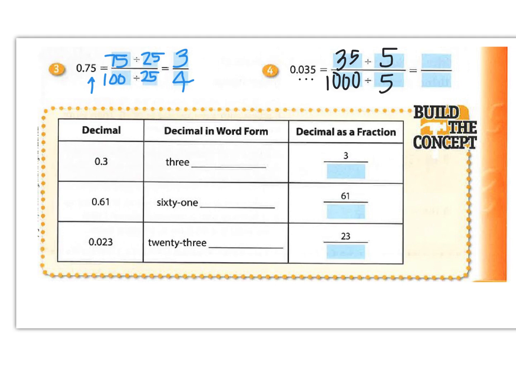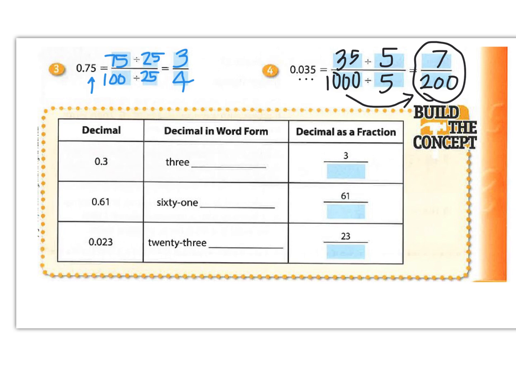So 35 divided by 5 is 7, and 1,000 divided by 5 is 200. Well, 7 is a prime number, so the only other factors it has are 1 and 7, and 200 cannot be divided by 7. So 7 over 200 is as simplified as it can get. So 35 thousandths is the same as 7 200ths.